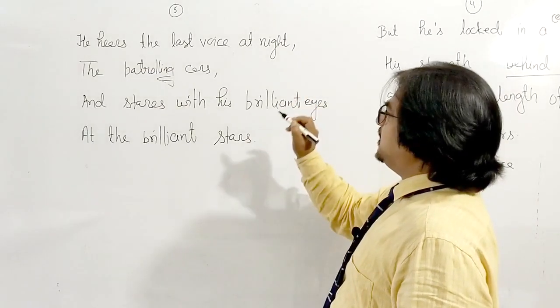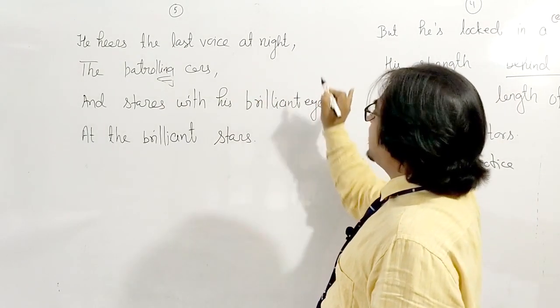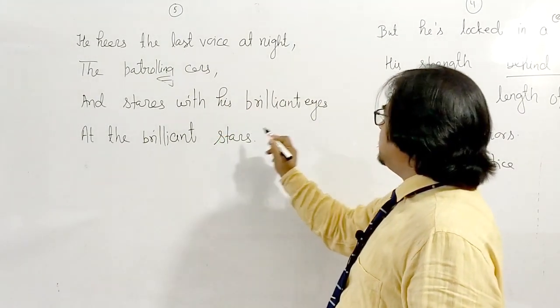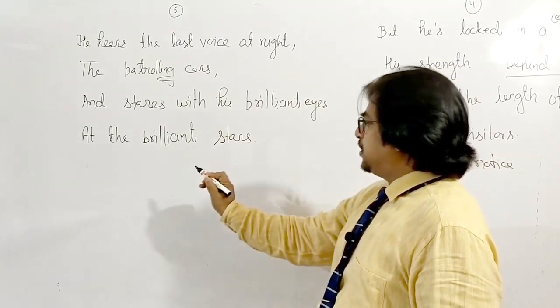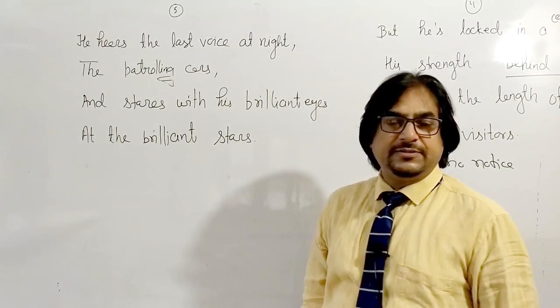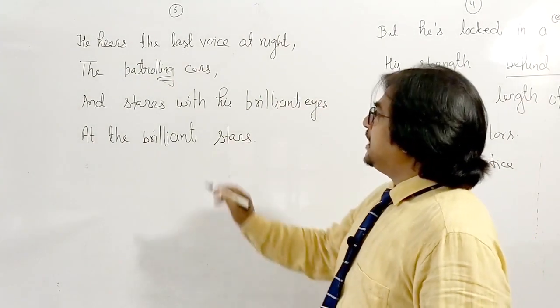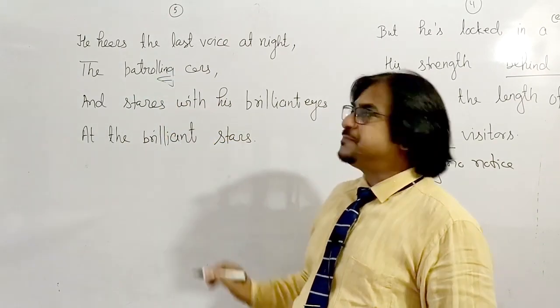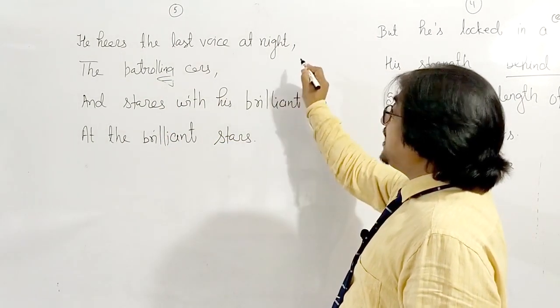In the fifth stanza, he hears the last voice at night, the patrolling cars, and stares with his brilliant eyes at the brilliant stars. He hears, that means the tiger hears the last voice at night.